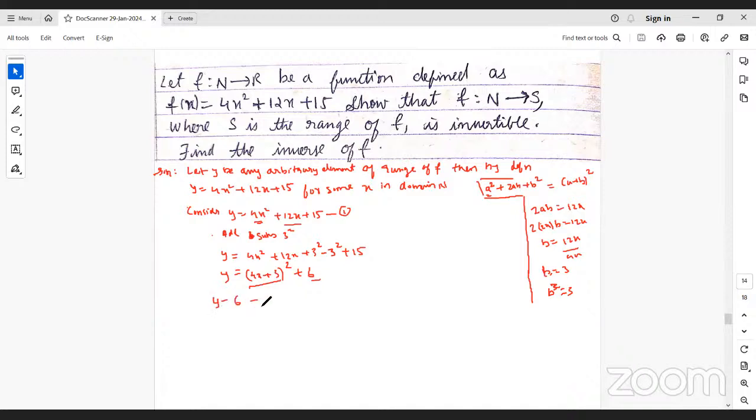So y minus 6 will be equal to 4x plus 3 whole square. Or see, 4x plus 3 will be equal to root of y minus 6. So we are considering the positive value, as the domain is the natural numbers, so no need of considering the negative value, only consider the positive value.